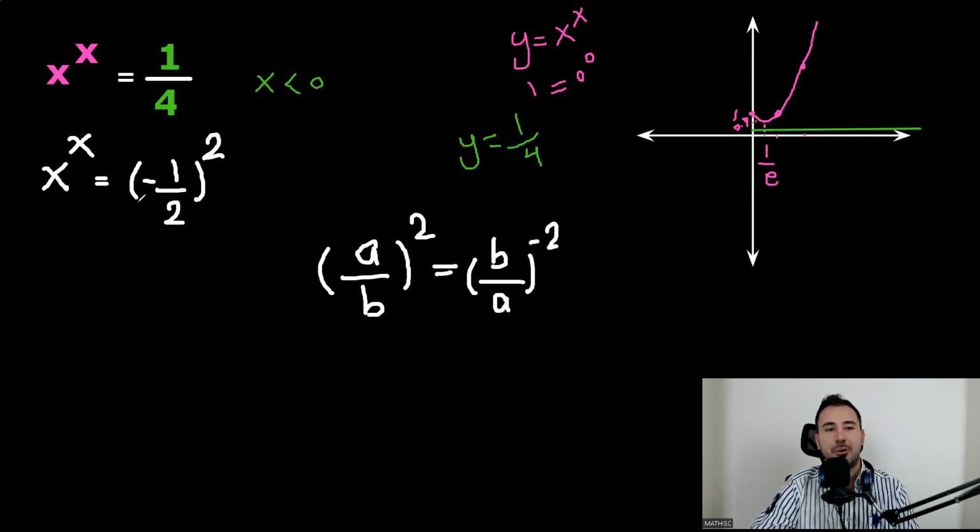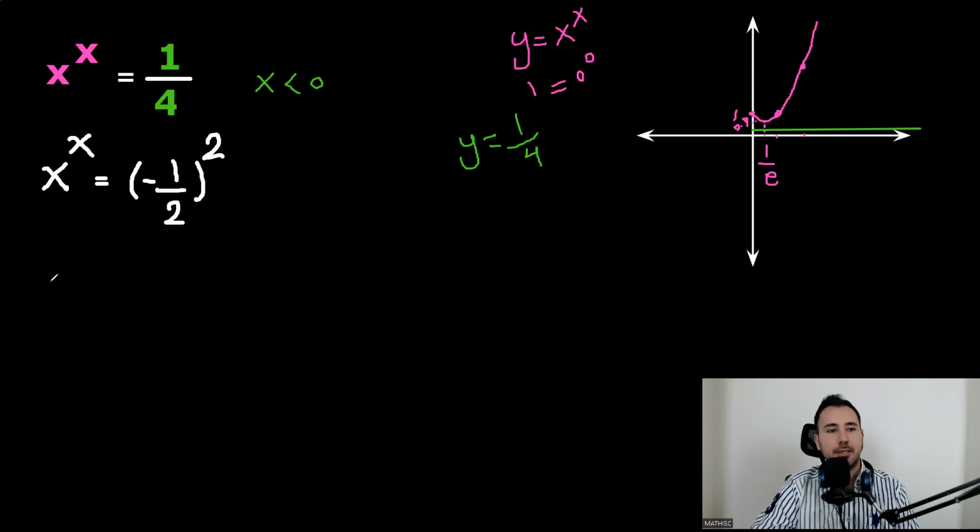Okay, so let's go on and do this to this side. x to the power of x equals, okay, negative will stay there. 2 will go up, making the reciprocal. 1 will go down.